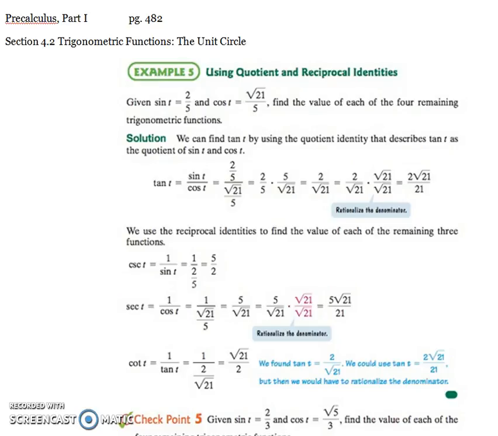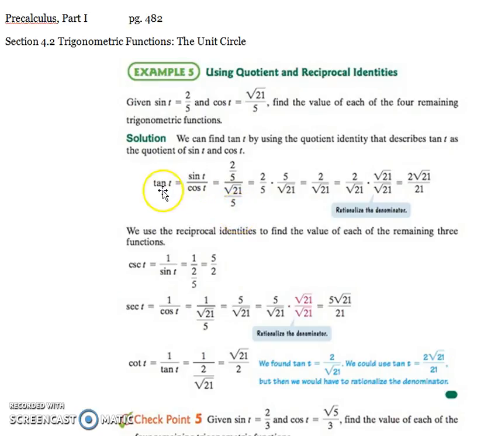But knowing that tangent is sine over cosine and secant is 1 over cosine, and so on, knowing all of those ratios and quotients makes it much easier than having to draw the triangle. Not that triangles aren't cute or anything.